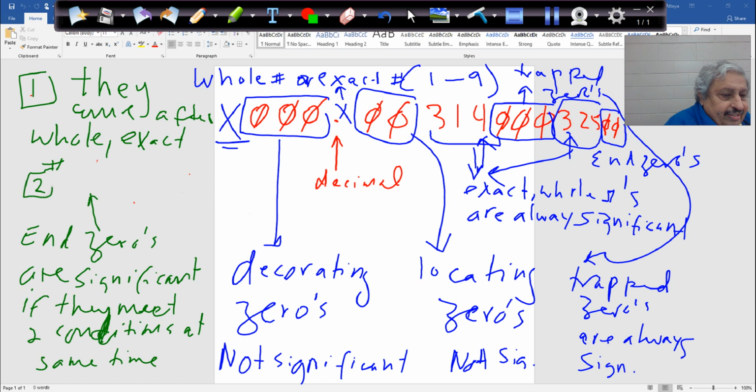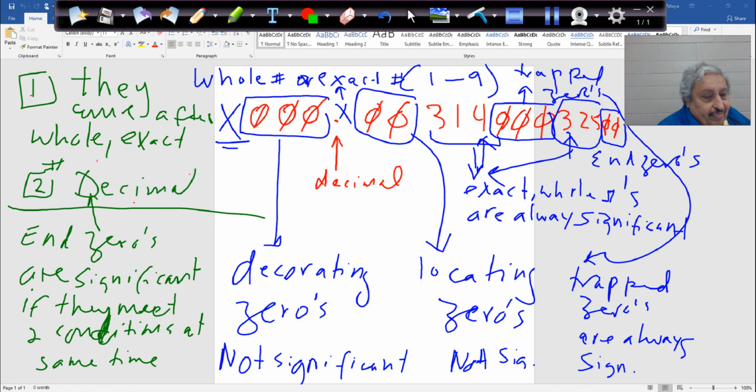The second condition is the decimal is present. So are they meeting this? Yes, the decimal is present, and here they come after the 5, a whole exact number. So those are now significant.